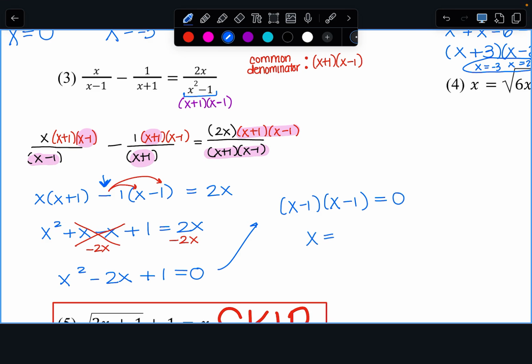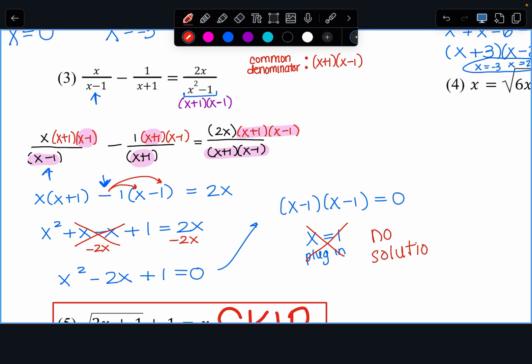So x equals 1. But that's an issue. If we try to plug that in, you see how it makes the denominator 0 in this case? Here, 1 minus 1 is 0. You guys are going to hate me. That means there's no solution.